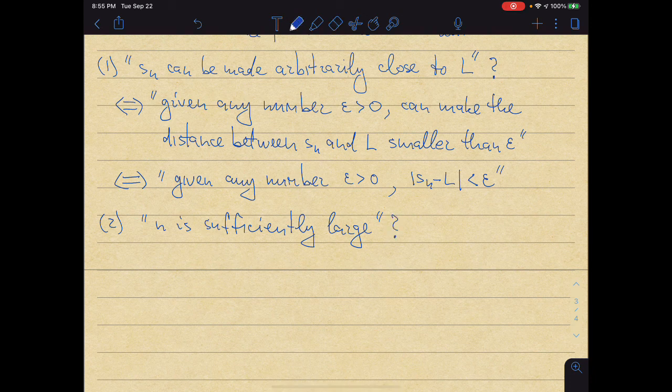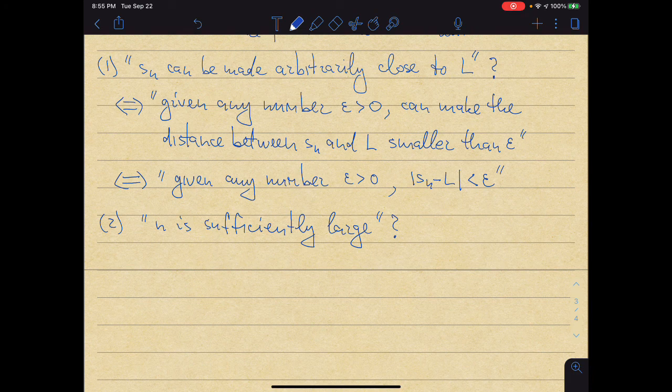If I'm saying that something is sufficiently large, that means I should be able to distinguish between things being large enough or not large enough. That means there must be some threshold for n above which something is going to happen.